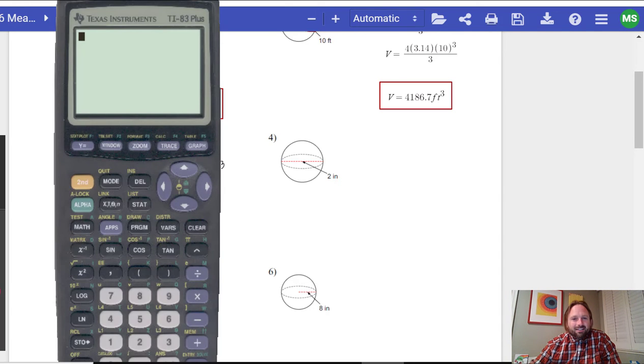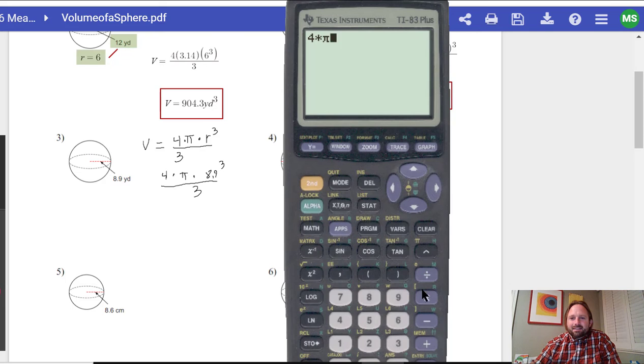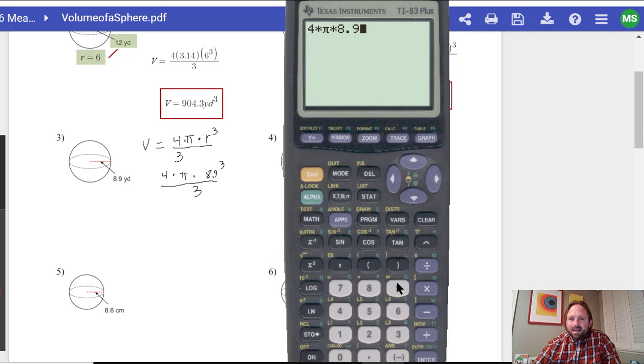I get my calculator, move it over to the side, and I go 4 times pi times 8.9 to the third power. I'll hit enter, and now I divide by 3. And the answer is going to be 2952.97.